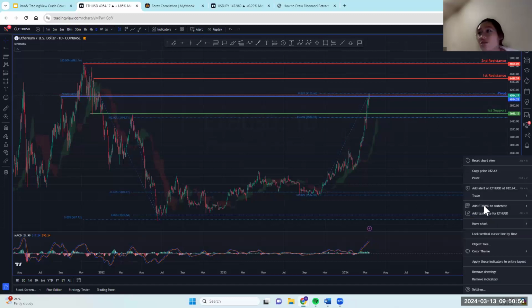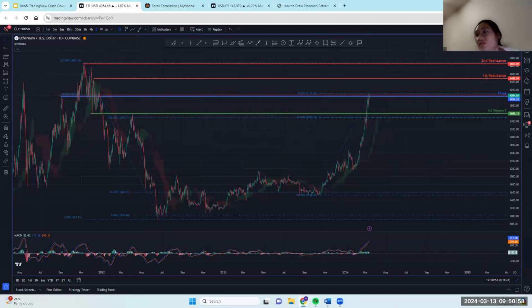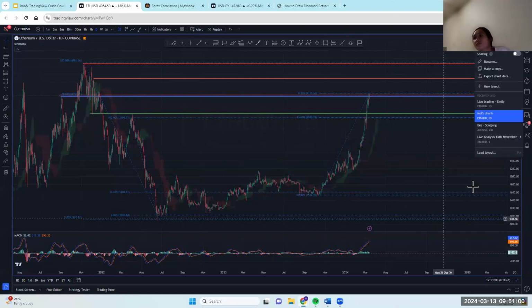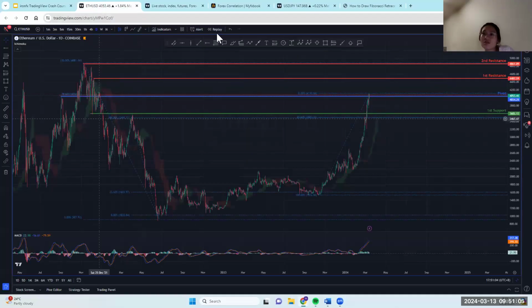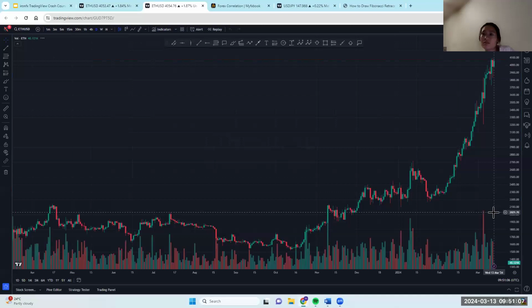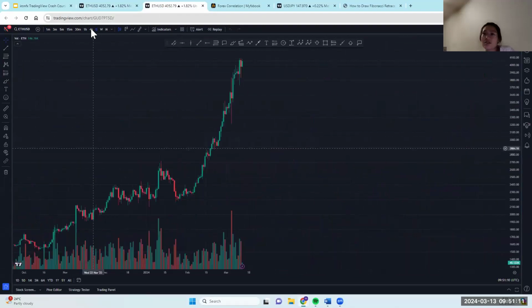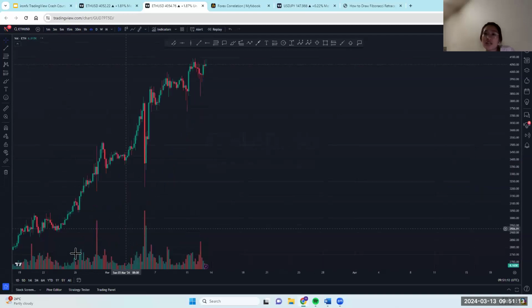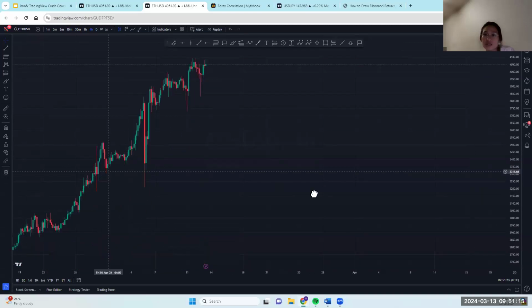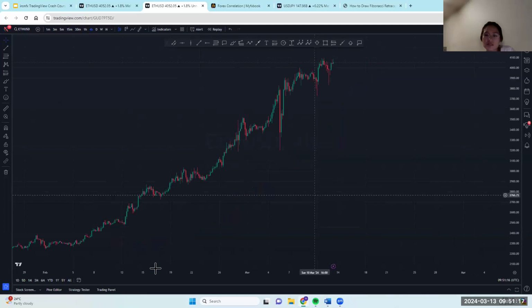Okay, so for ETH, I have all my markings here, but you can see on my ETH here, on a new layout, it's completely clean.